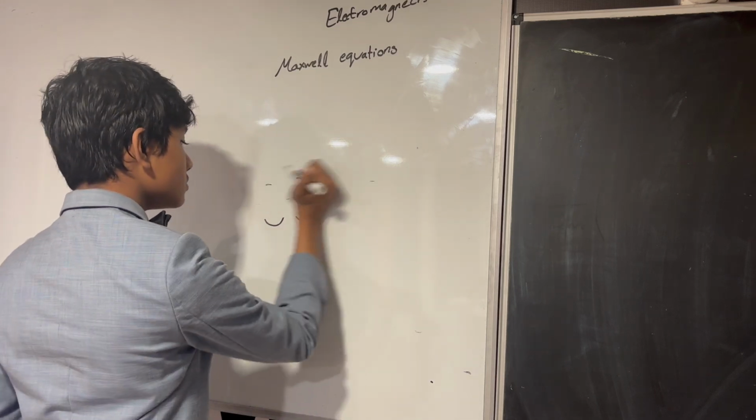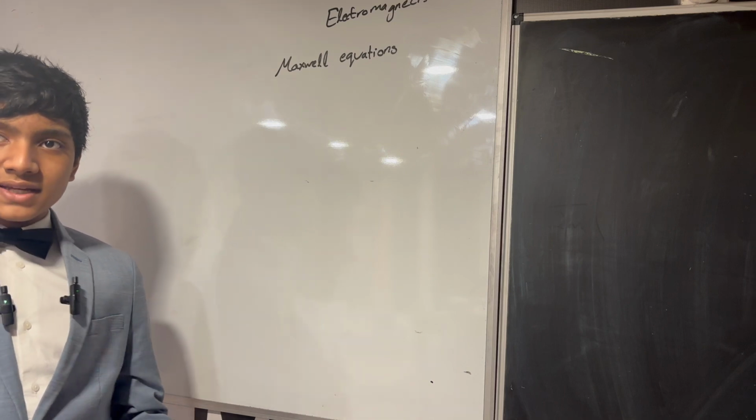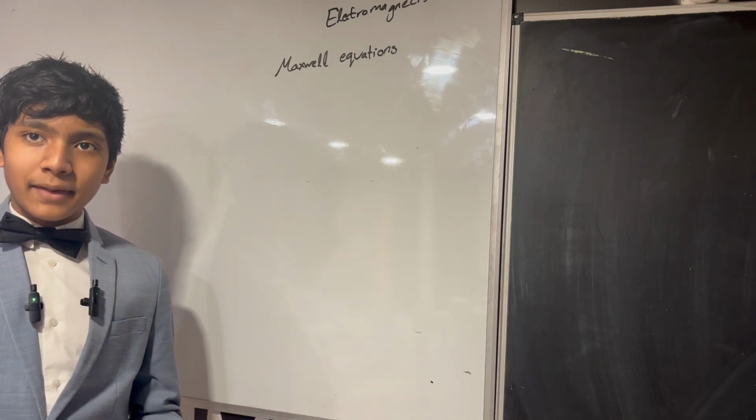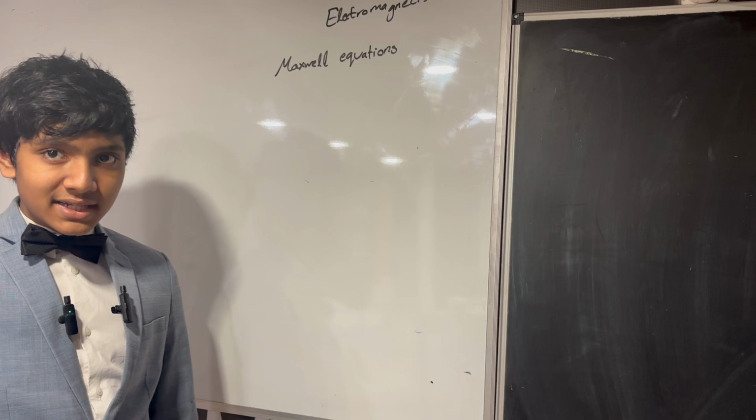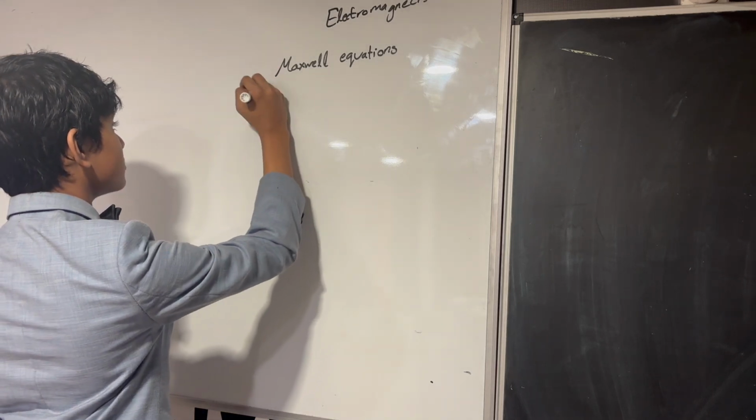So, what are these Maxwell equations? What do they tell us about the relations between the electric and magnetic fields, or electricity and magnetism? Well, let me write them out right now.